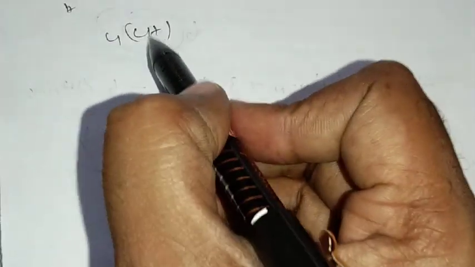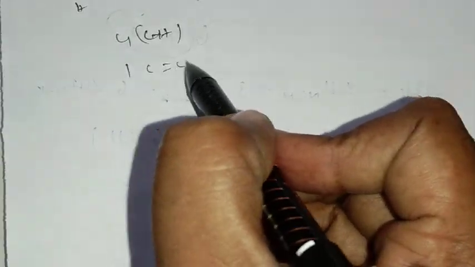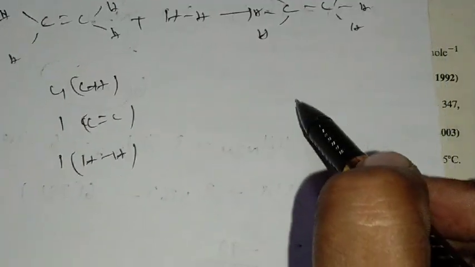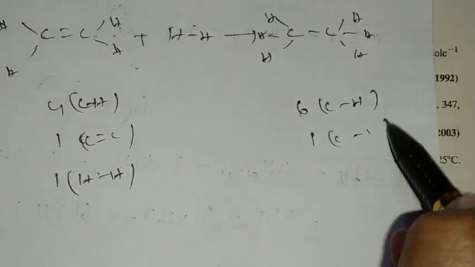So these are the bonds you'll get. Now observe here, on the left side 4 C-H bonds are there and 1 C double bond C is there. Okay, and 1 H single bond H. Is it okay? On the right side 6 C-H bonds and 1 C-C bond.